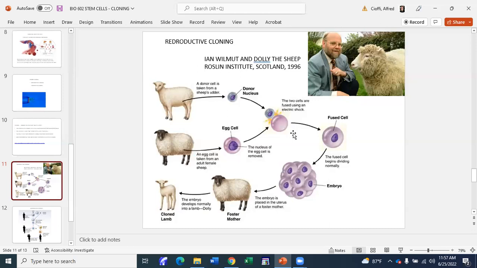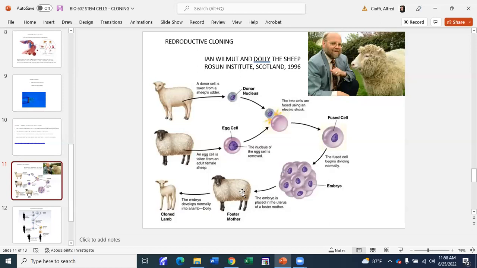Let me just follow this one through, at least until implantation. So you understand that they take that blastocyst and implant it into the sheep that donated the egg. All right, so there's compatibility there, at least at the cytoplasmic level.